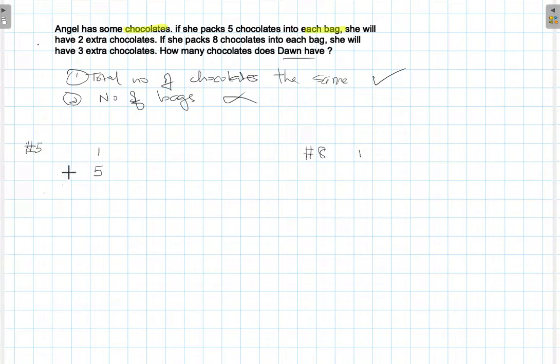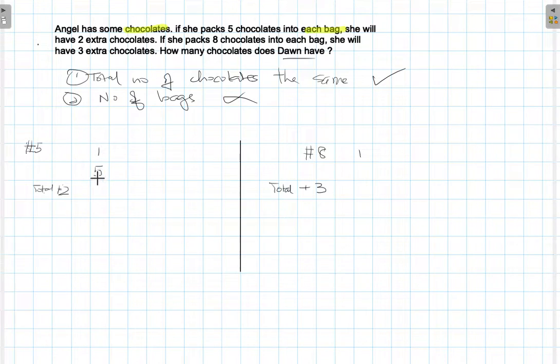Okay, my total, this is 5, right? My total will be add 2, right? So if I pack 8, my total will be, I have 3 extra. Total will be add 3. Correct or not? Let's do a 9 here because I don't want to mix up the 2 of them.